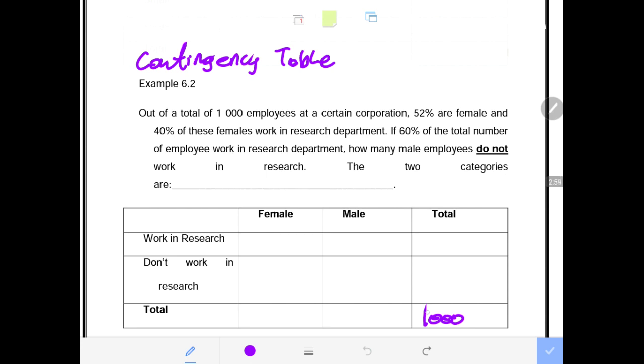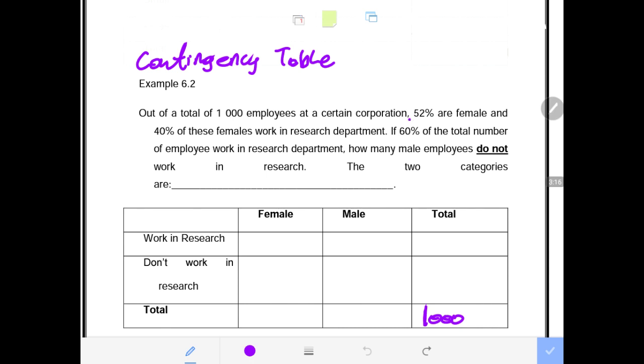So now any information will have to be acceptable in this regard. Now I do have my categories: male, female, work in the research, do not work in the research, or work in other departments. Now let me read now and capture the information that I have.